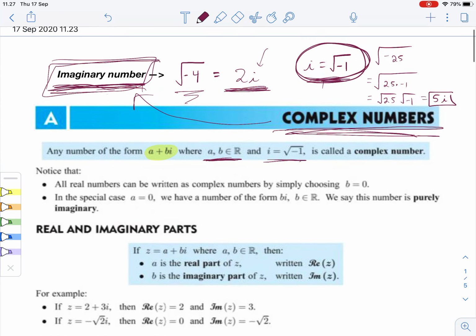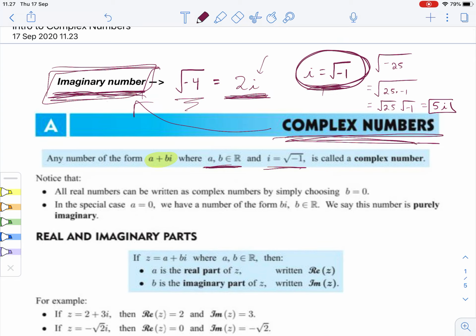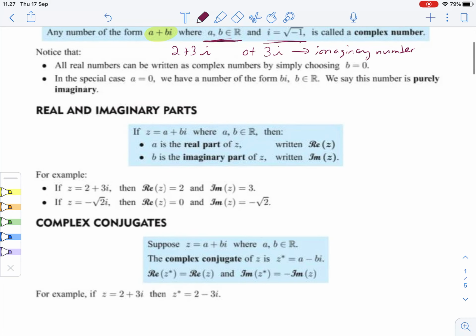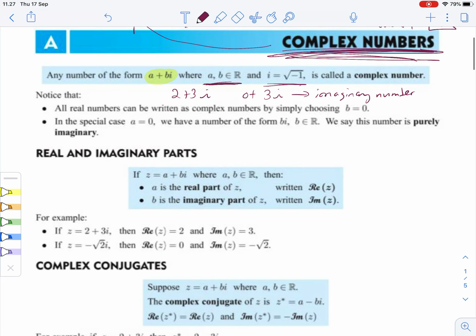A complex number would be written like 2 plus 3i. If it were just 3i, this is just an imaginary number, but it's also a complex number. It would just be 0 plus 3i.